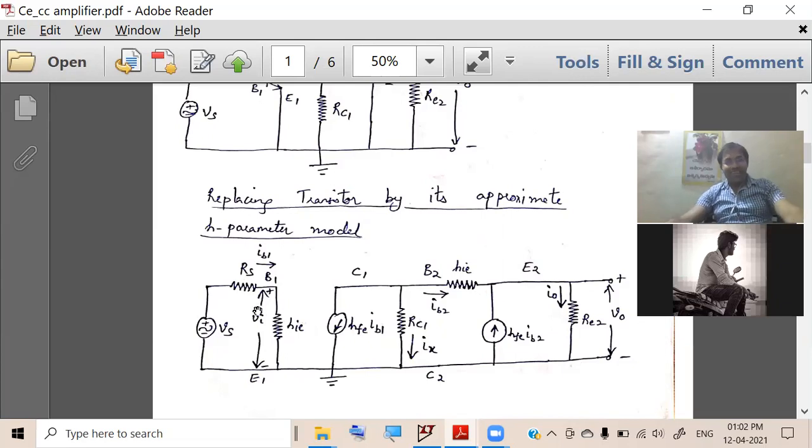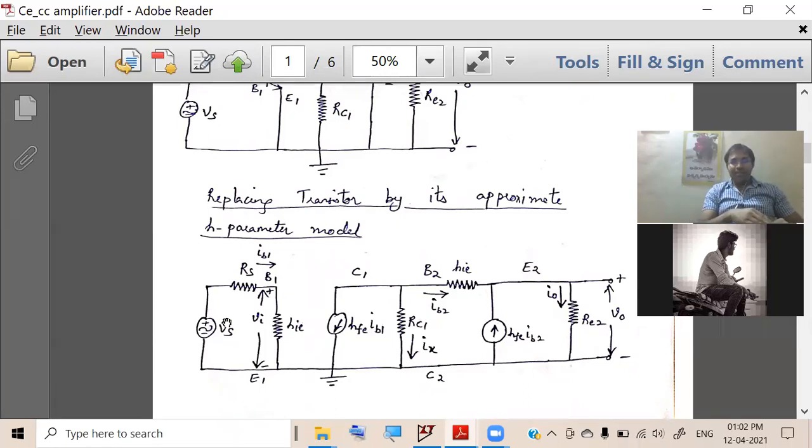Two methods of stating the KVL I told you. If I take voltage from this point to ground, this point to ground is Vs. So I can write Vs is equal to this voltage plus this voltage.